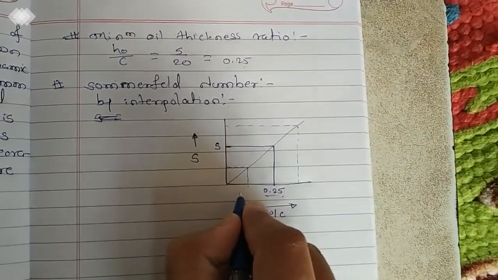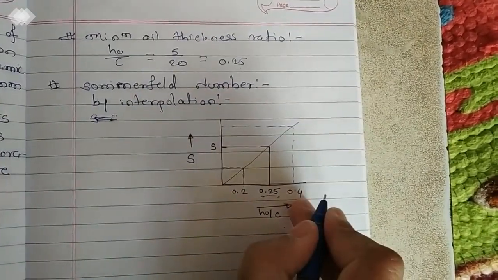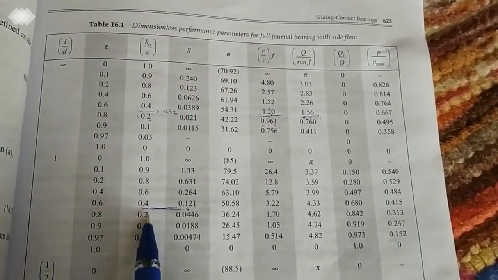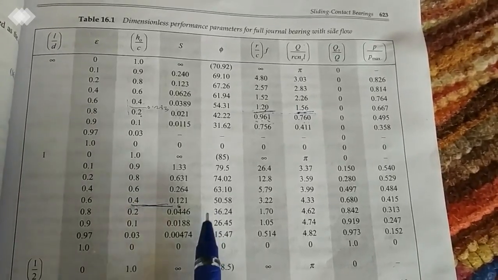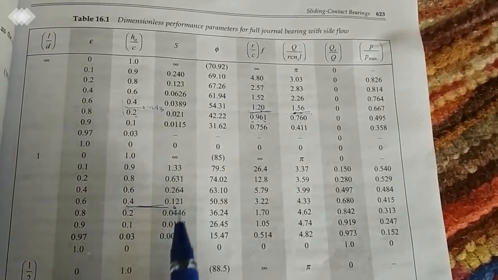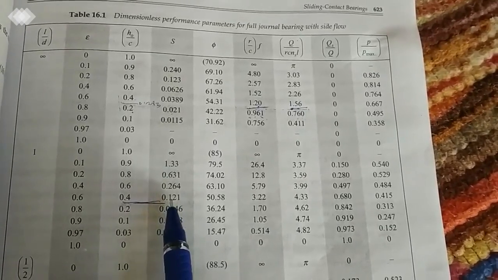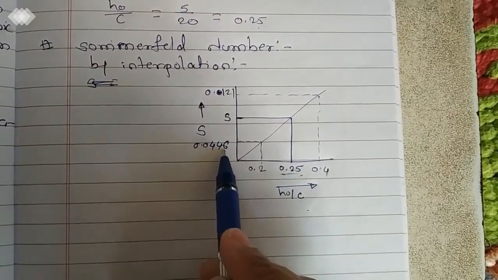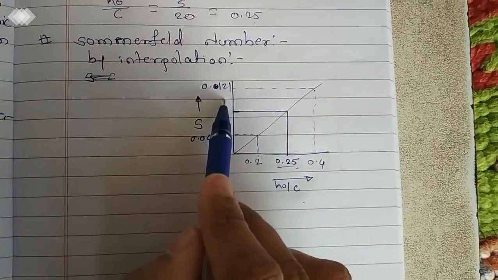So we take the lower limit from the table, it is 0.2, and upper limit is 0.4 for h0 upon C. Again for that we have the lower and upper limit of Sommerfeld number, it is 0.0446 and 0.121. So I'll write here 0.0446 for lower value, 0.121 for upper value, and we need to calculate the middle one.